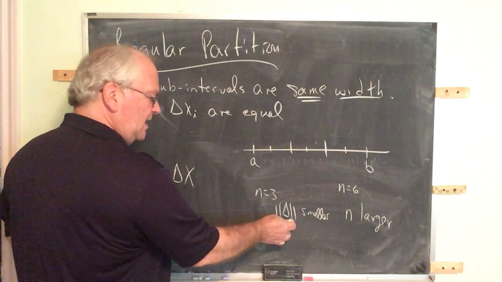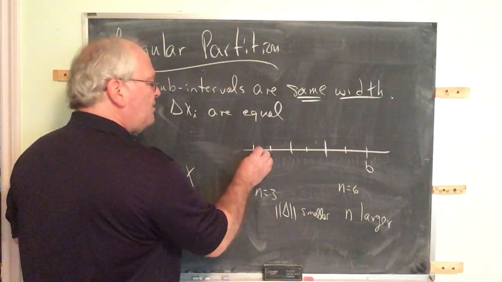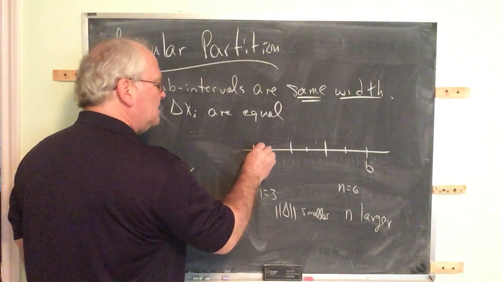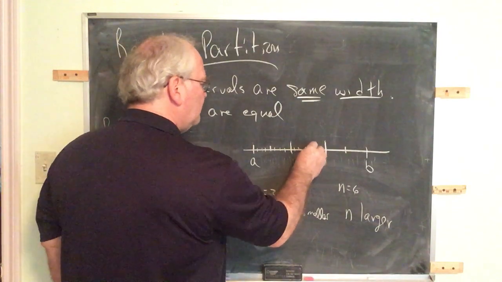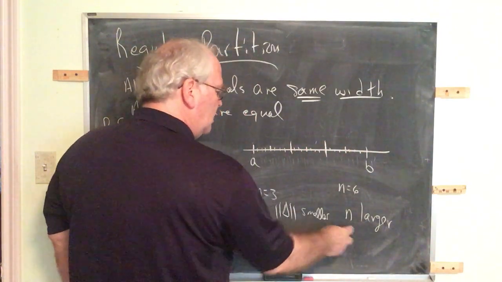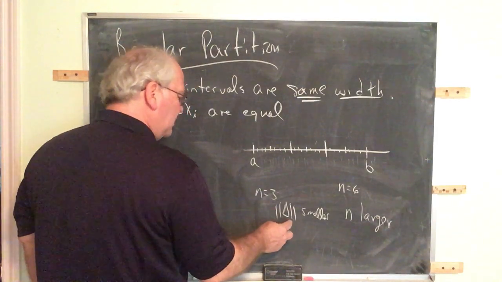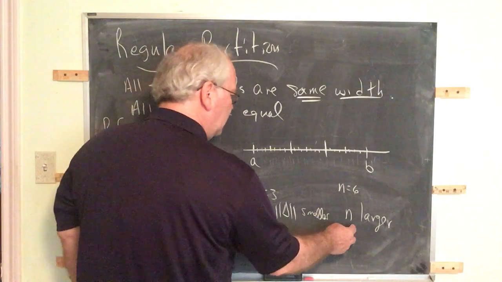Now, how do I make the norm of delta even smaller? Suppose I cut this into 4 equal pieces. Then they must all be cut into 4 equal pieces. And now I have 24. Notice, as the norm of the partition gets smaller, n gets larger.